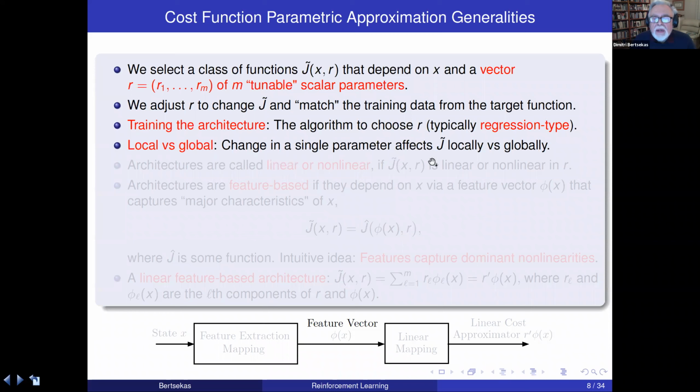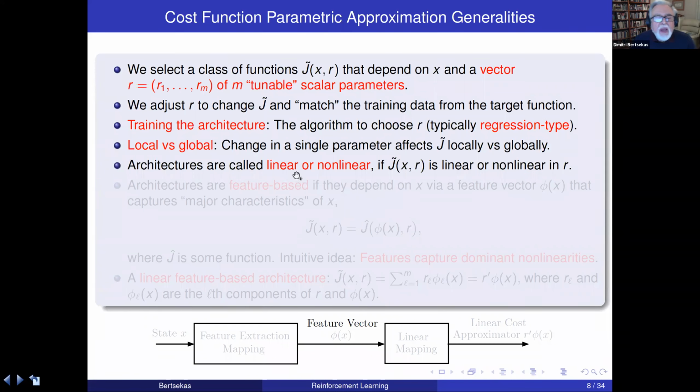A local approximation is one for which changing a single parameter affects J tilde only in a small part of the state space, locally. By contrast, a global approximation is one where changing a single parameter affects the approximation over the entire state space. We'll see examples of both shortly.